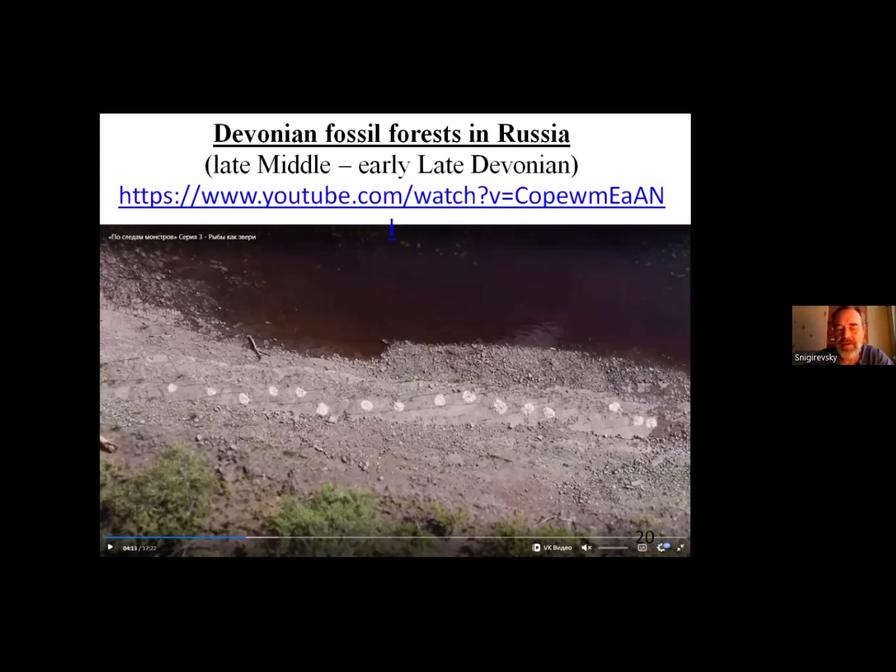This is a small piece of this fossil forest, because here in the lower part it's covered by sediments, and here it is destroyed.